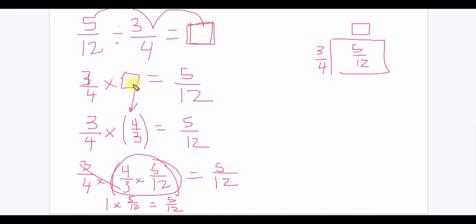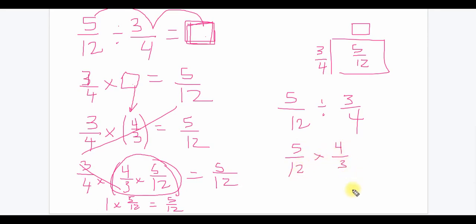So notice we took that unknown box, we tried to just do the reciprocal. That didn't work. So then we had to do the reciprocal times the original product. 4/3 times 5/12 is going to be what helps us to find this unknown factor. So therefore, 5/12 divided by 3/4 is the same as 5/12 times 4/3.